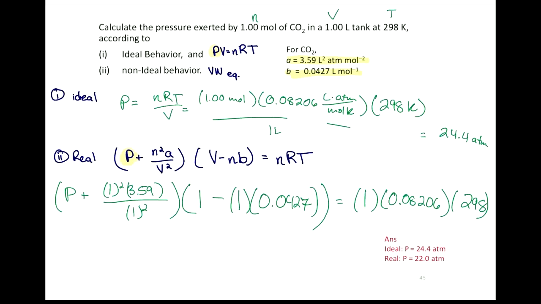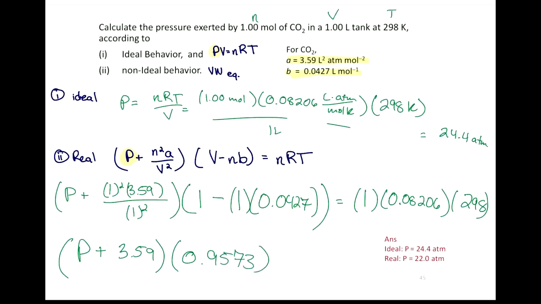What I will typically do is multiply the terms on the nRT side together, and do the subtraction for the volume term. So pressure plus 3.59, in parentheses, times 1 minus 0.0427. The new volume term is 0.9573.